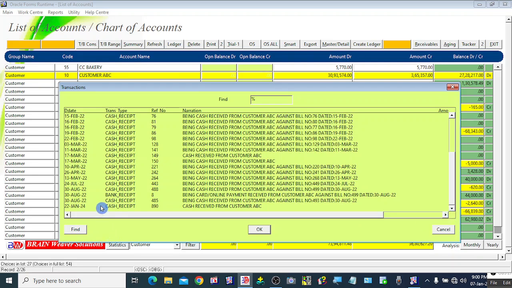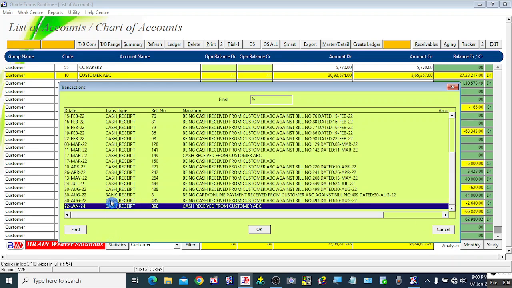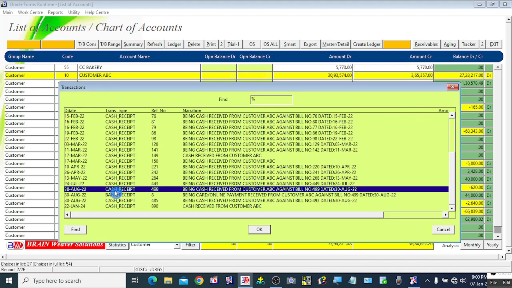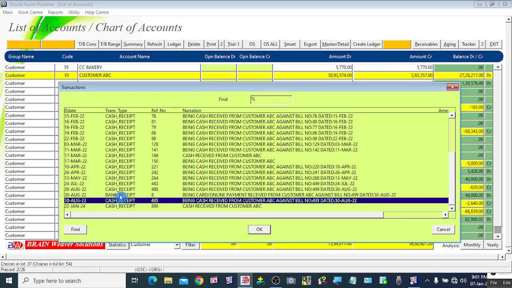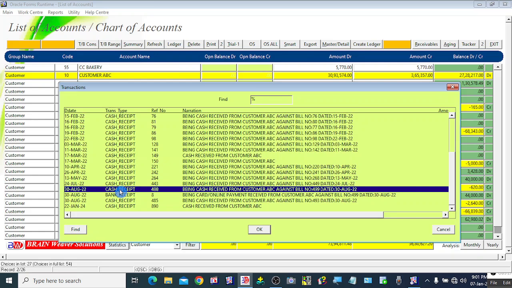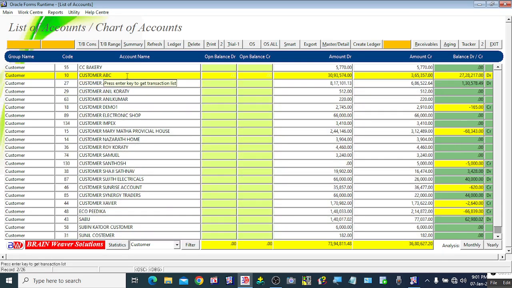By looking into this list of receipt entries, we can identify very easily when the last payment was received, and what is the amount of the last 3-4 payments we received from this customer, and at the moment how much is receivable. Based on that, you can make a healthy follow-up call with this customer ABC.